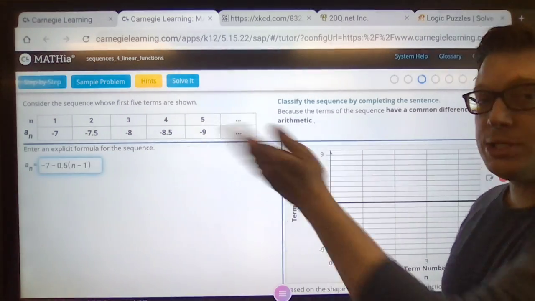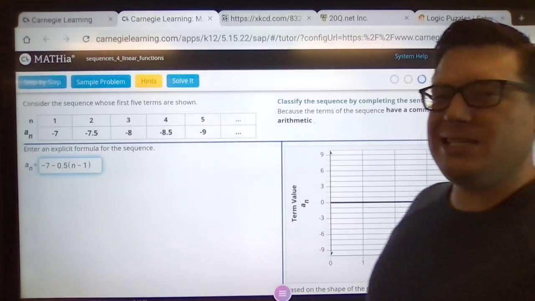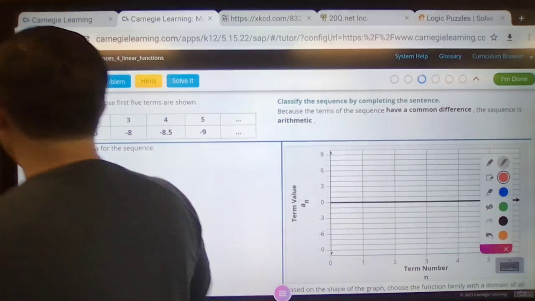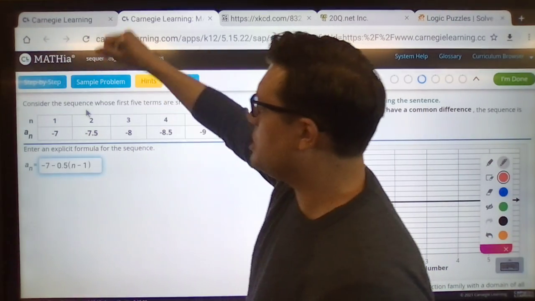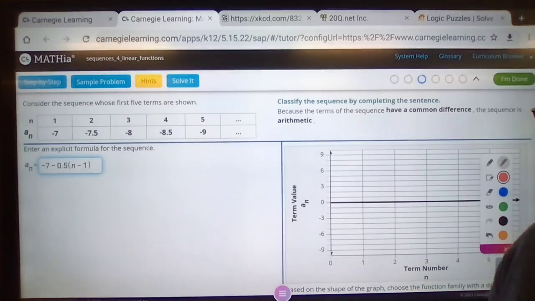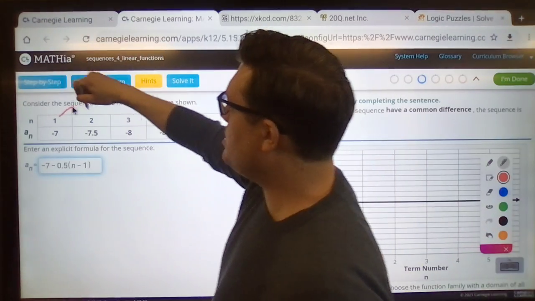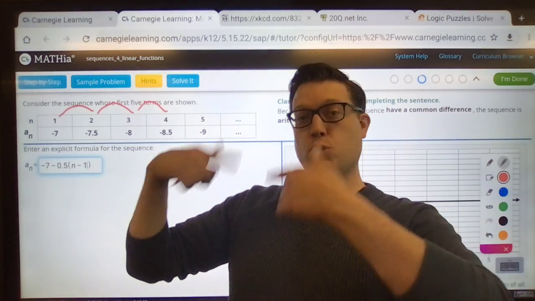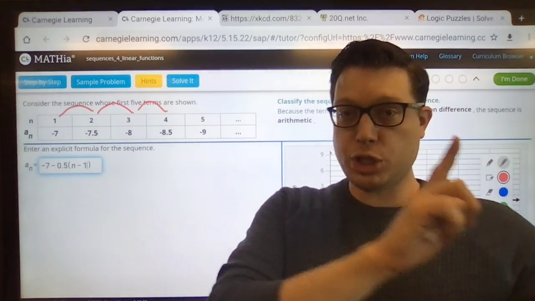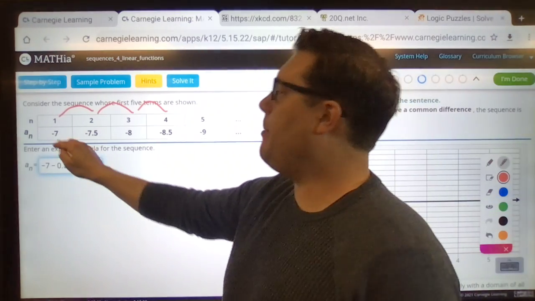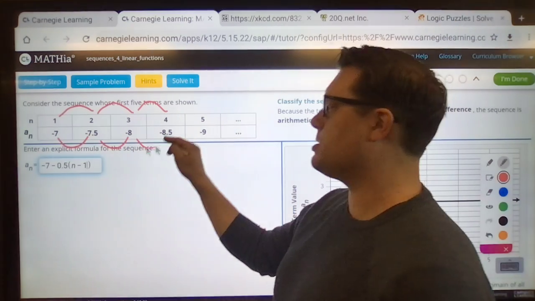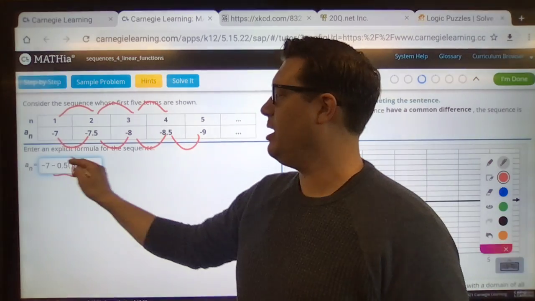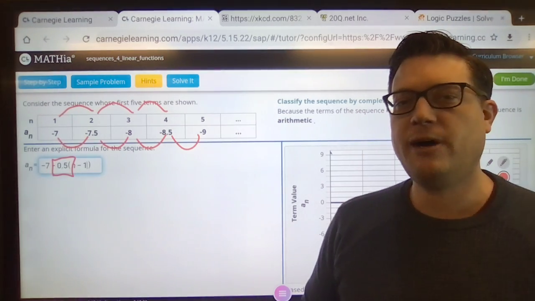So other ways to write equations are actually to consider that growth rate. Think about this. We know that from 1 to 2, 2 to 3, 3 to 4, as the sequence is growing one term at a time, the terms of the sequence are changing by -0.5.